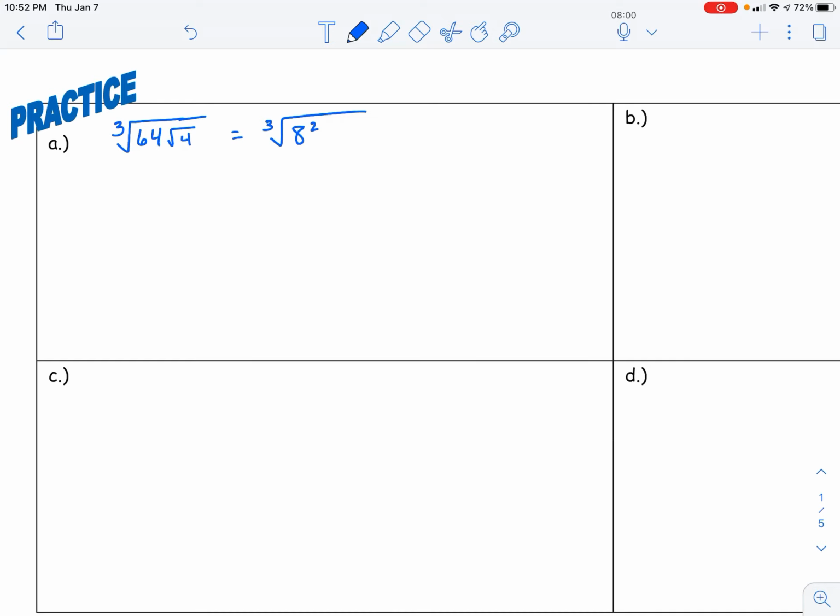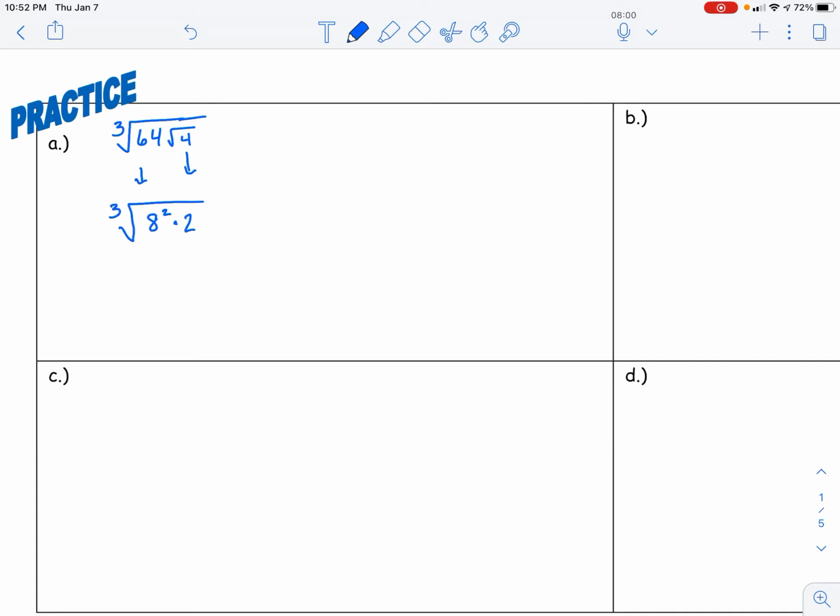And notice something here. Actually, I'm going to write this underneath because I want you to be able to see it. So I'm going to keep the cubed root. I'm going to keep everything under here for just a minute. So I'm going to have 8 squared. But notice that this square root of 4 can actually become 2 underneath there. So this one might work out pretty cool.